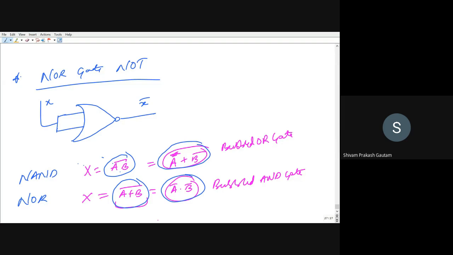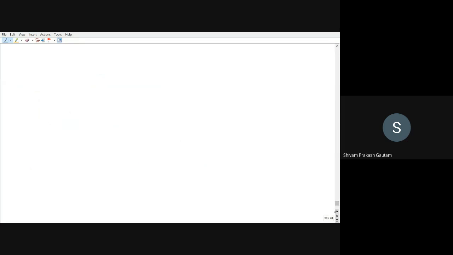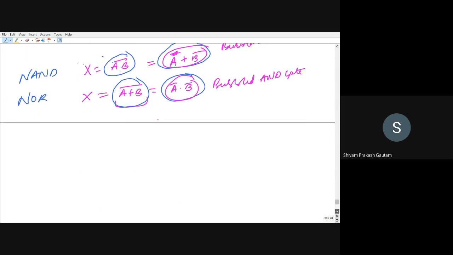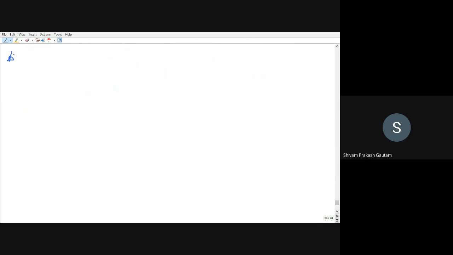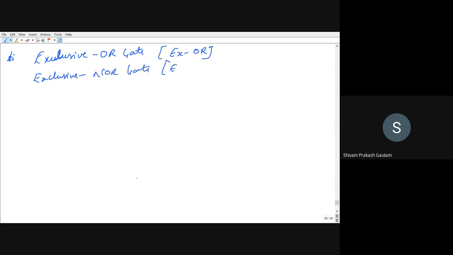Now we will see some more gates. Two more gates are there: the exclusive OR gate, which in short you can write as exclusive OR, and the exclusive NOR gate, which you can write as exclusive NOR. We will see both gates one by one.